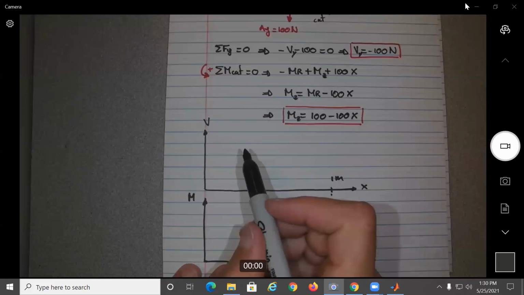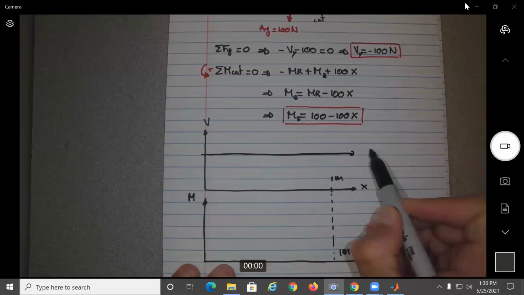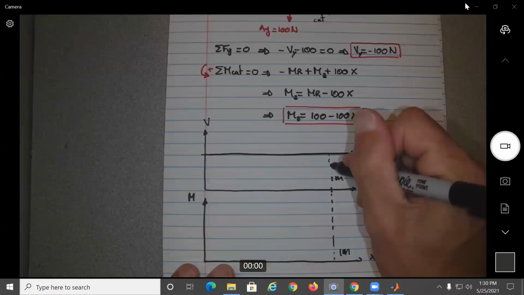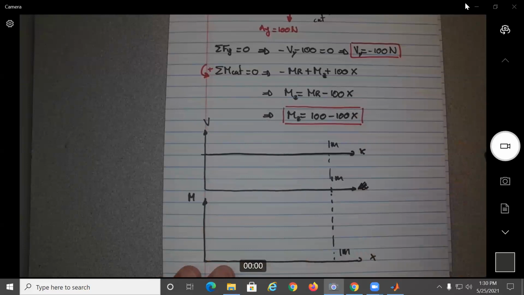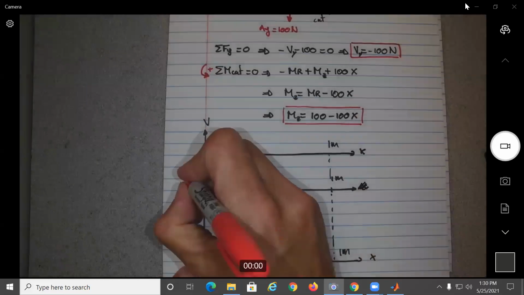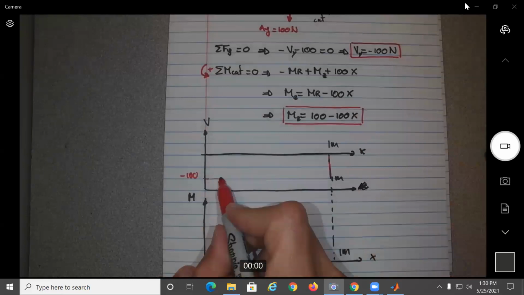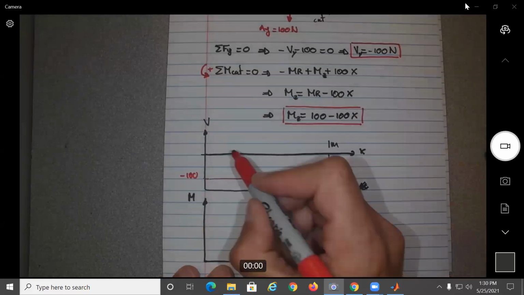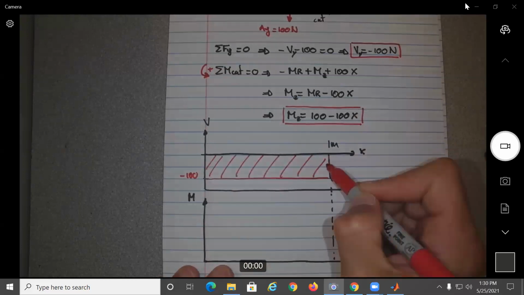Here, maybe let me just change the x-axis over here. Doesn't matter. Let's say here would be the minus 100, so that the shear force is constant.